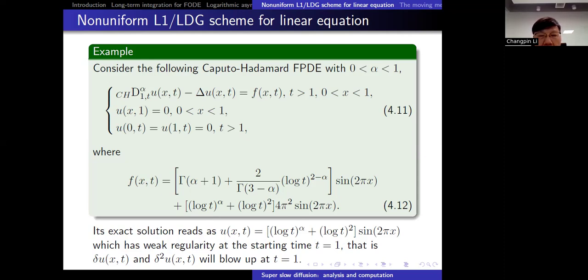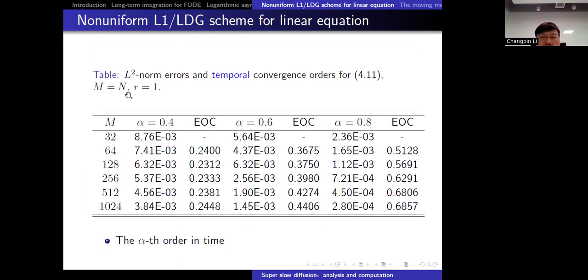If we use a uniform partition, the convergence order in time is bad. We can see from the table the L2 norm and the temporal convergence order. Here r equals 1, which means that the division in time from A to capital T is uniform.